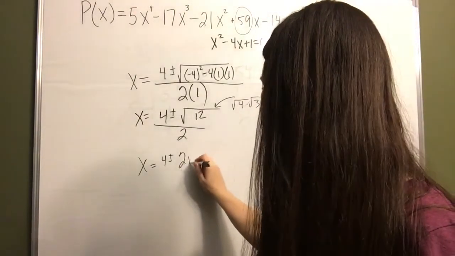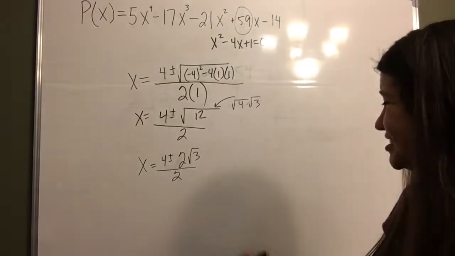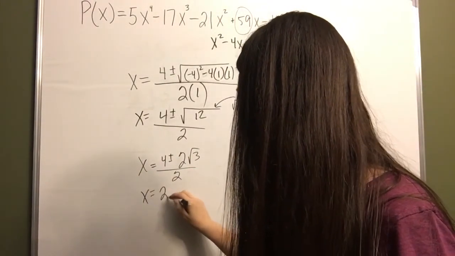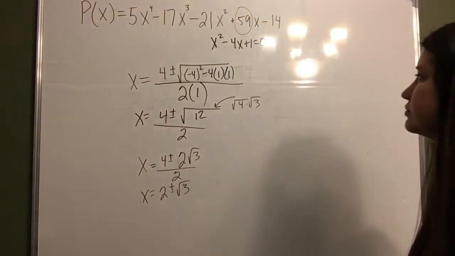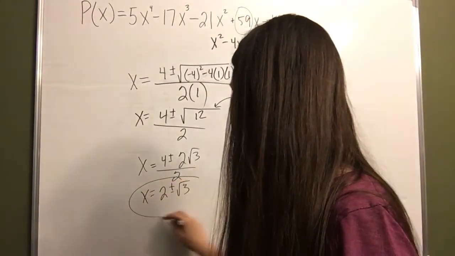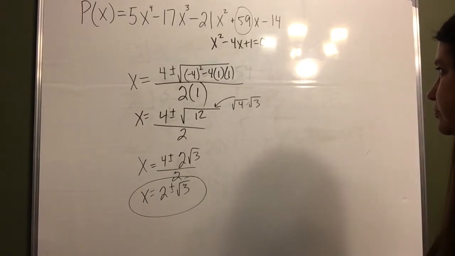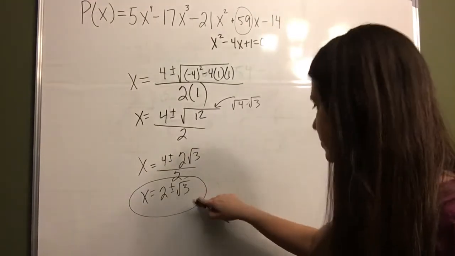So this is 2 square root 3 all over 2. And so then we can divide this 2 in, and we get 2 plus or minus square root 3. Those are the other two zeros that we're missing.